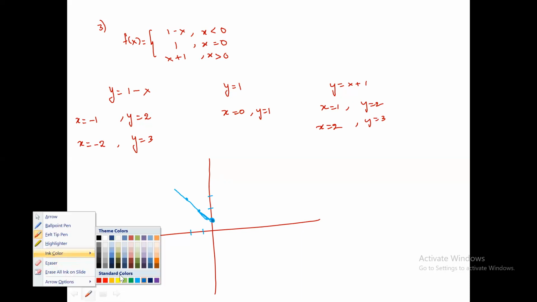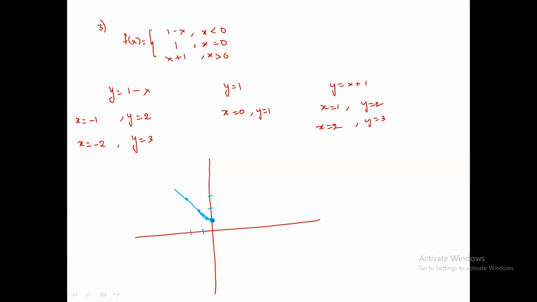Now the next piece, x is 1, y is 2, and x is 2, y is 3. That means the next part you will draw like this. You can't take x as 0, so an open symbol. On the whole, it's a continuous graph.